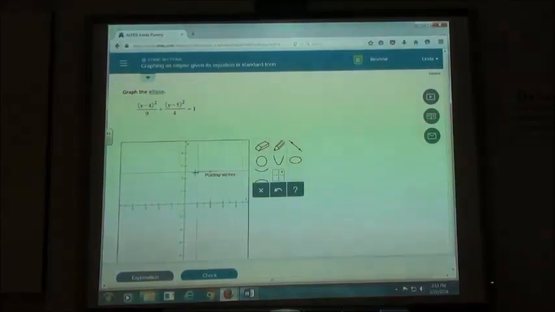Now I'm going to first place my vertex going to the right and left. I'm going to go 1, 2, 3 places. That's going to open that up here. Then I also have to do the co-vertex, which is the up or down, which is 2. So I go back here, I go up 2, and so my vertex was 3, my co-vertex was 2, and now I have my ellipse drawn.